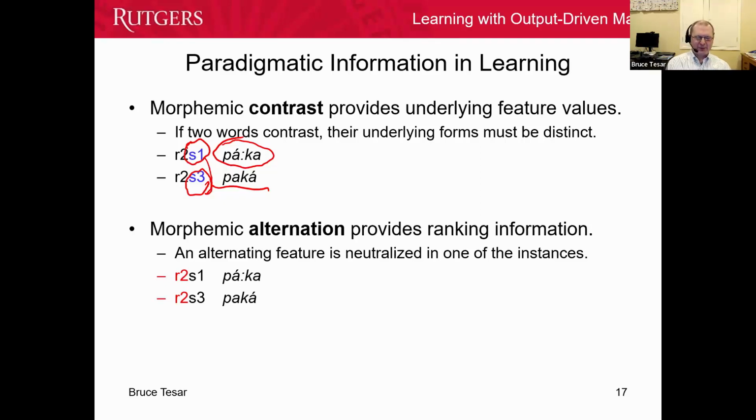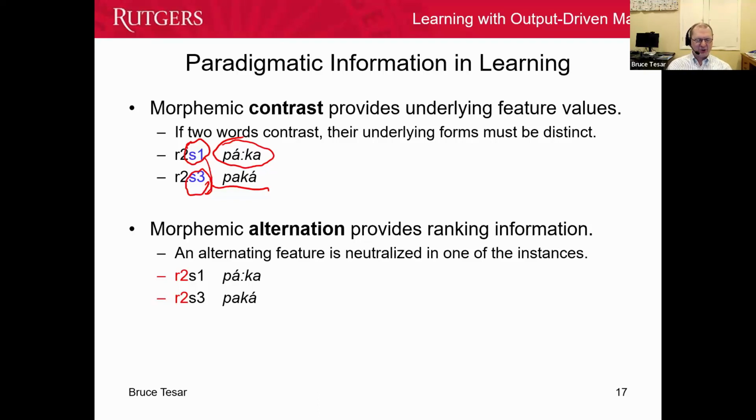The other kind of paradigmatic information is alternation, and that's when you see the same morpheme surfacing differently in different environments. If we take the same pair of words but focus on the root, we have the same root, and in two different environments it's surfacing differently. So its underlying form, whatever it is, has to be different from at least one of those surface realizations.